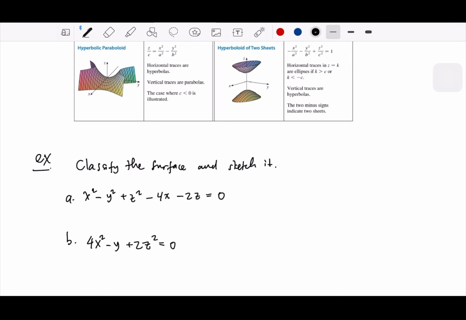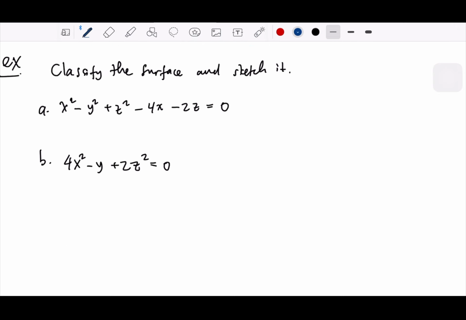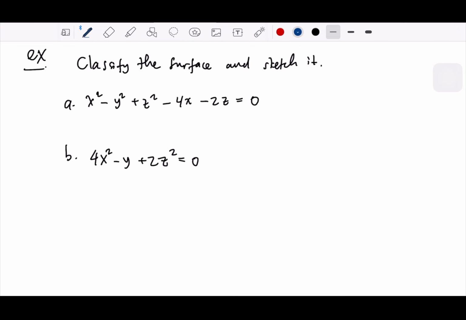Okay, now this other question is B. Let's try to solve it. I think number B is easier, so let's take number B first. We can write the equation as y equals 4x squared plus 2z squared, and we know that this is going to be an elliptic paraboloid.